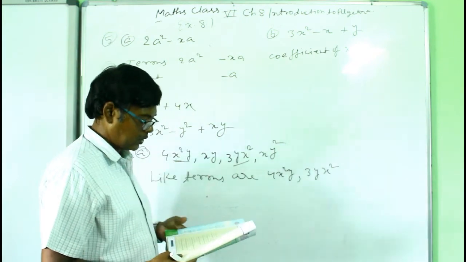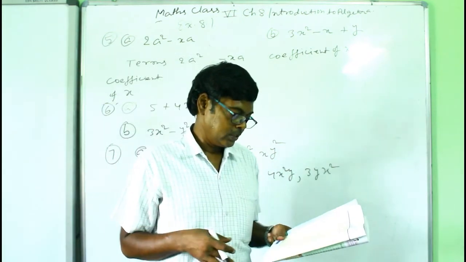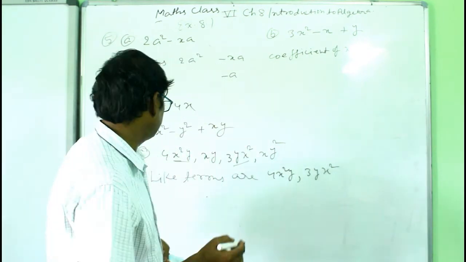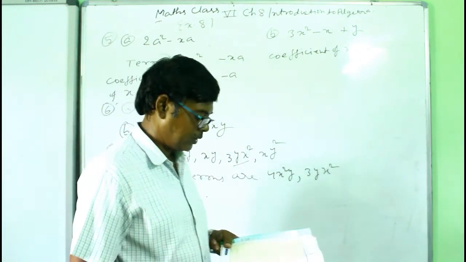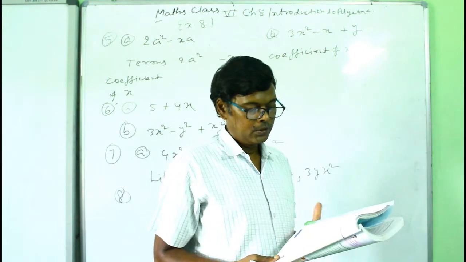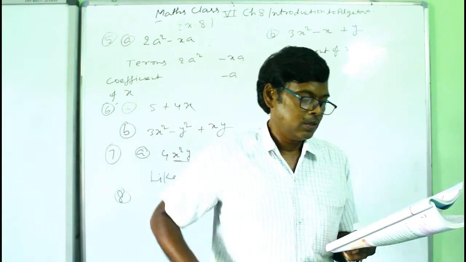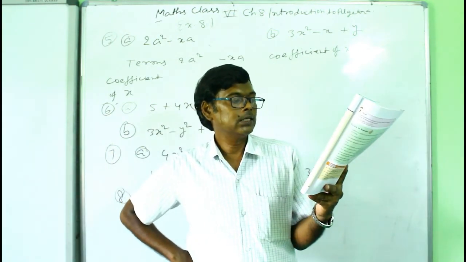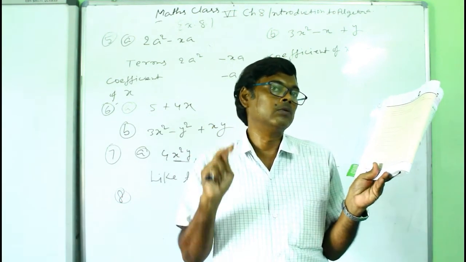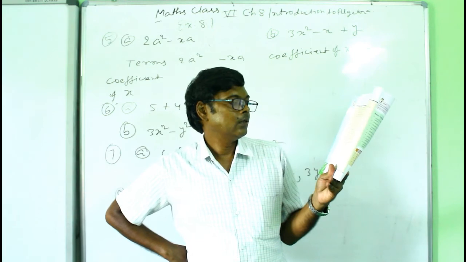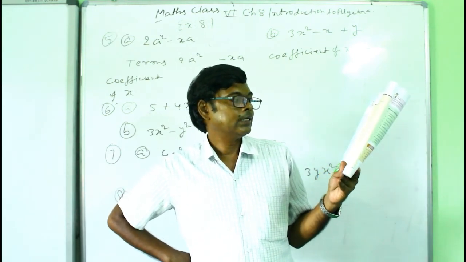So similarly you can find the like terms in the other questions. Now question number 8. Identify monomial, binomial and trinomial. In this I will just say the answer. The first question is trinomial because it has 3 terms, see in your book. And the second question is 8x cube y.